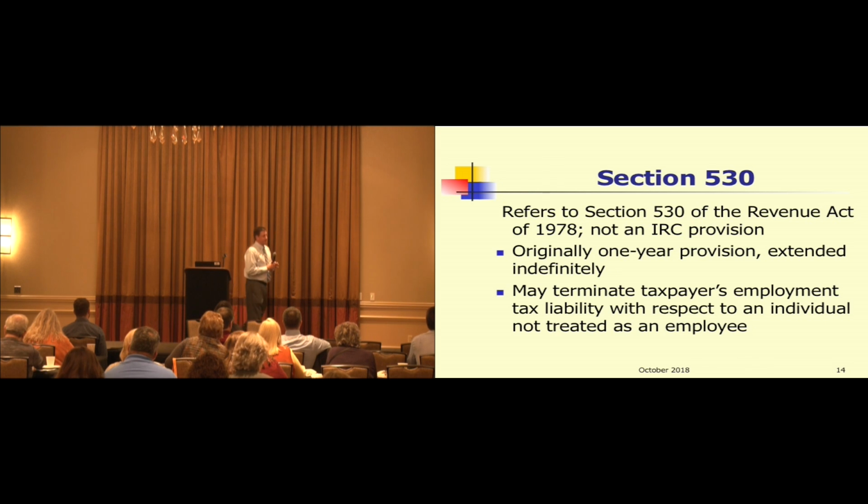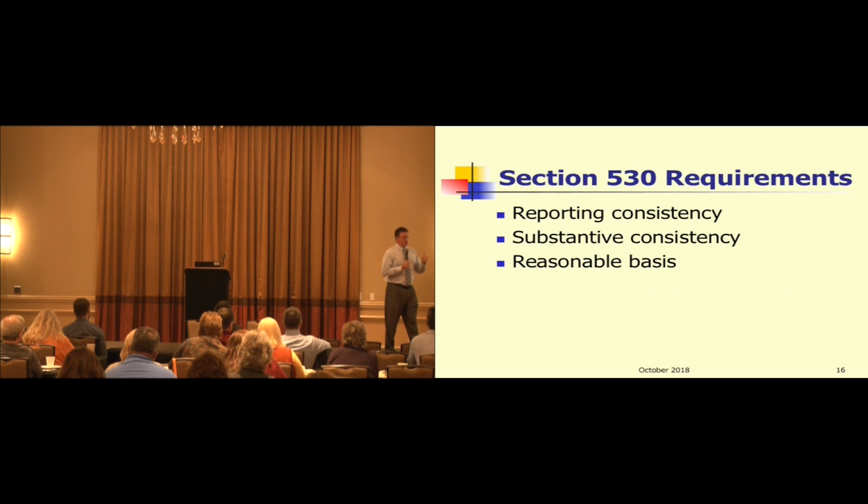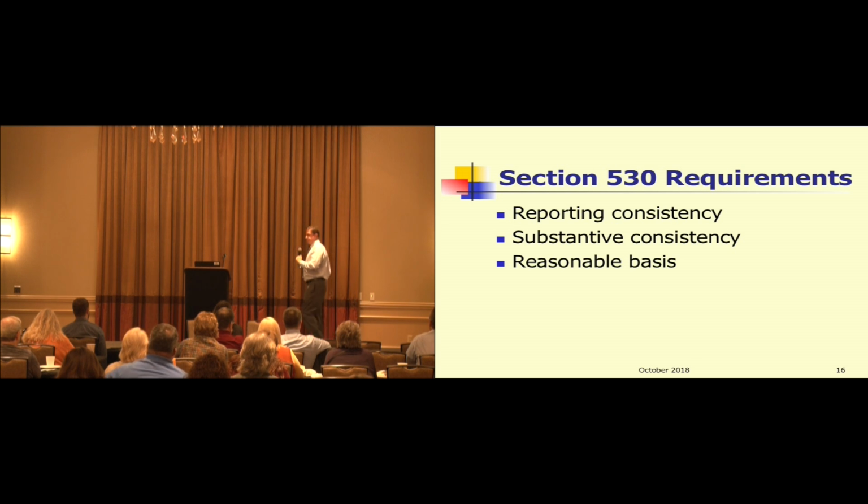Reporting consistency. One of the things we look at is, do you issue a 1099 to everybody that does that position and makes over $600? And are there any people doing the same thing getting a W-2? If you've got people getting W-2s and 1099s for the same thing, you don't have reporting consistency. Okay?